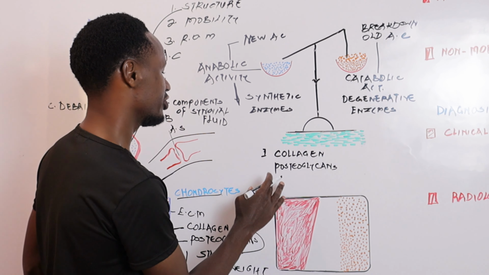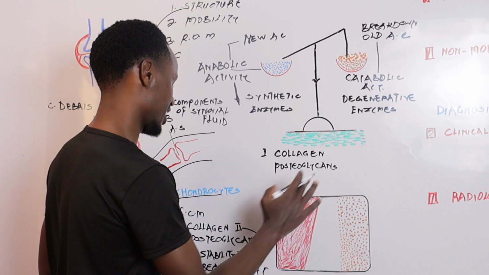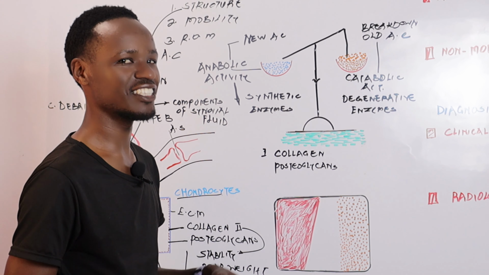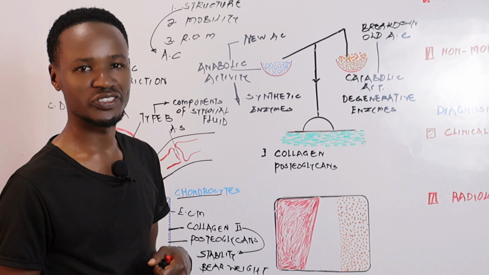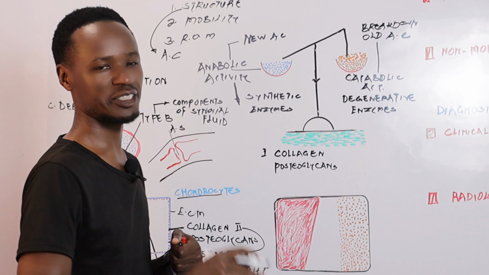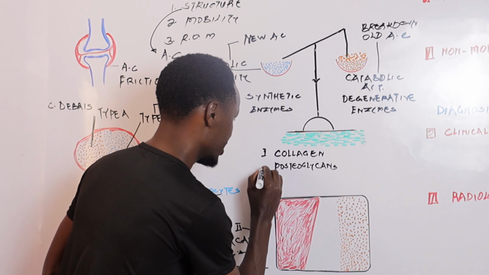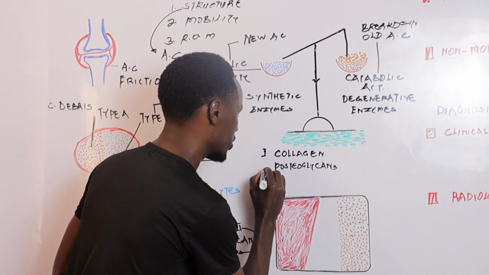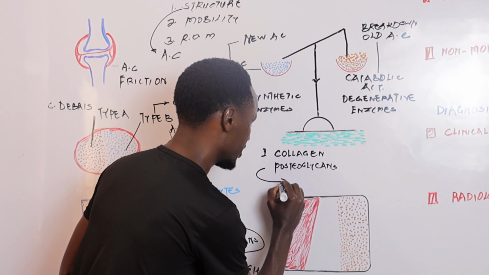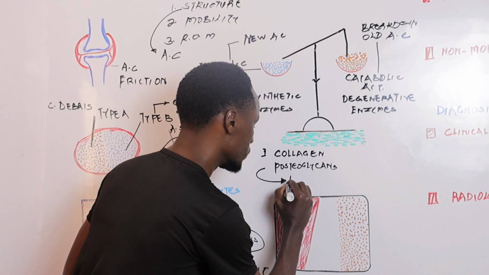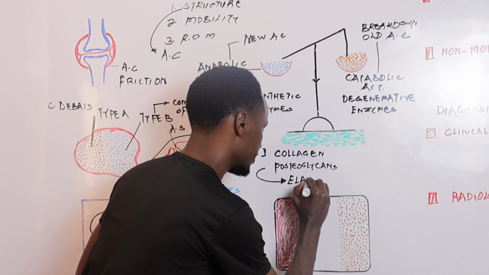And if the job of type 2 collagen and proteoglycans is to add elasticity and to give structural support to the joint, what does that mean? It means that once type 1 collagen and proteoglycans interact, the joints start losing elasticity.